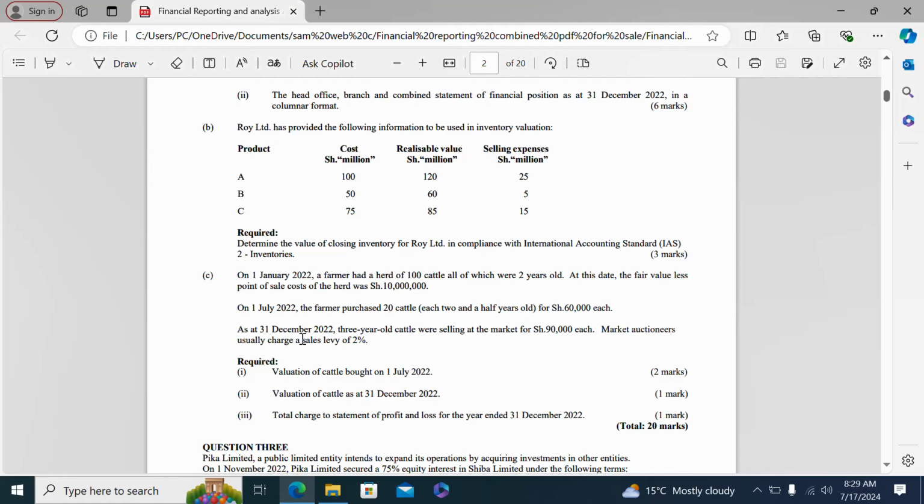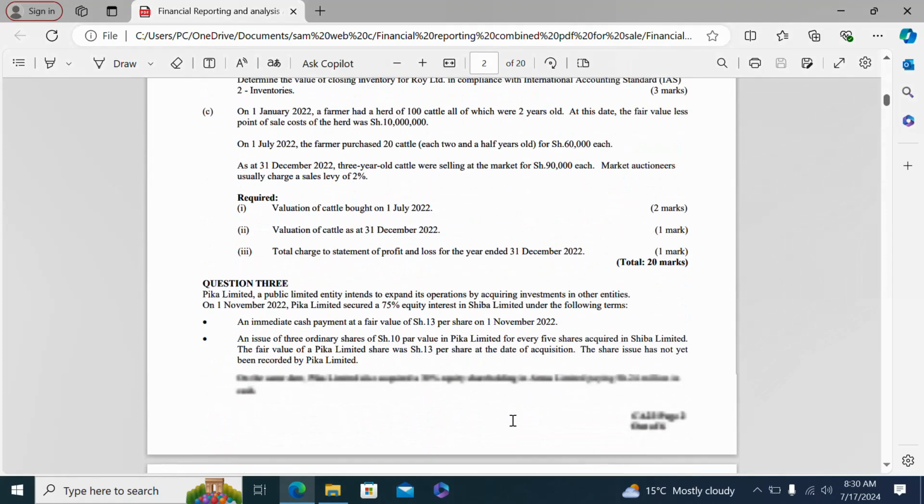As at 1st December 2022, 3-year-old cattle were selling at the market for shillings 90,000 each. Market auctioneers usually charge a sales levy of 2%. Required: valuation of cattle bought on 1st July 2022, valuation of cattle as at 1st December 2022, and total charge to statement of profit or loss for the year ended 1st December 2022.